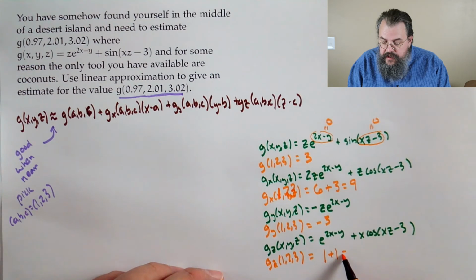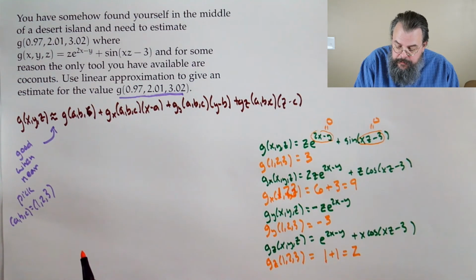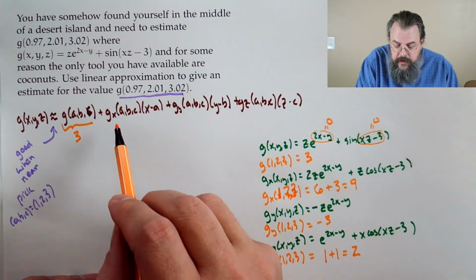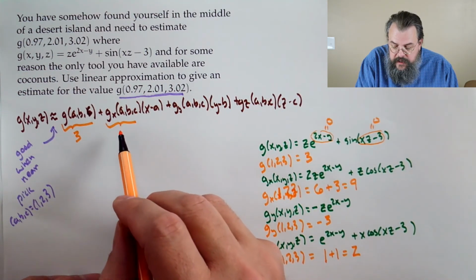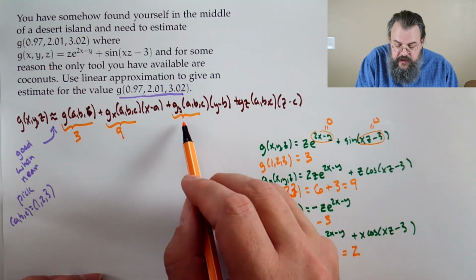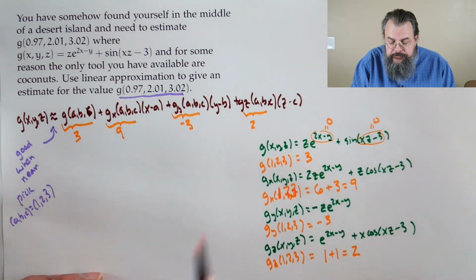So 1 plus 1, 2. So we are going to put these together. We're going to get a 3 here, and we're going to get a 9, a minus 3, and a plus 2.